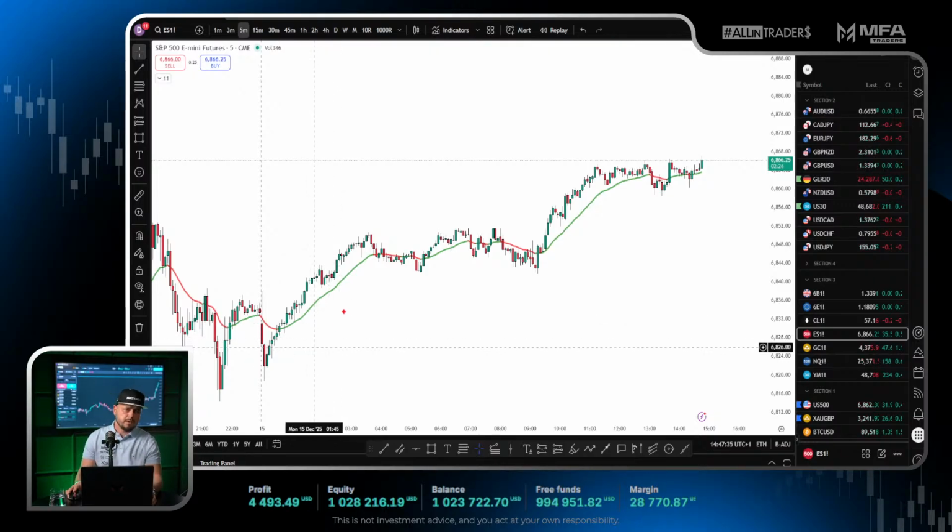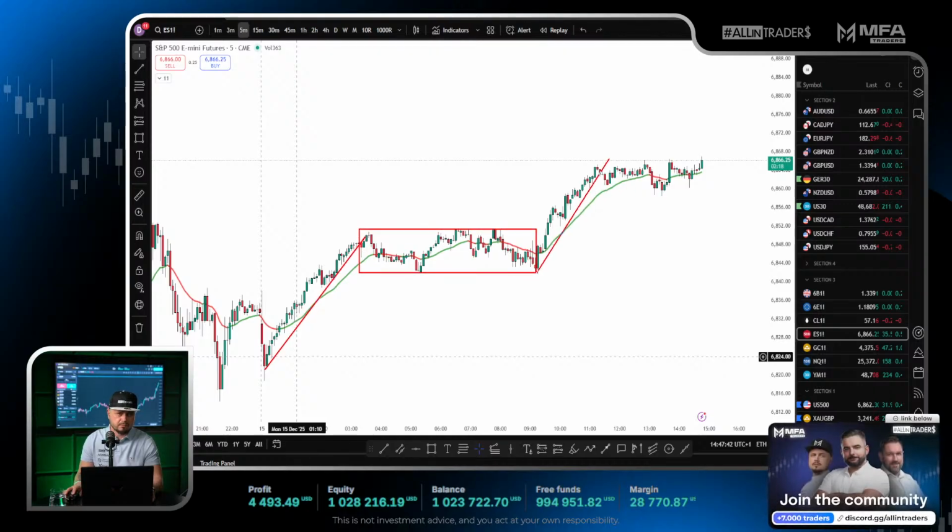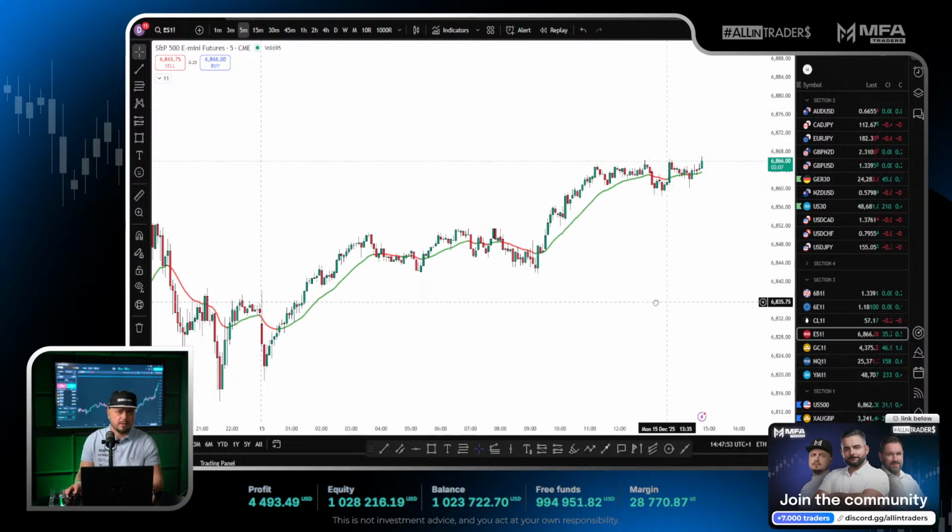First of all, we can see over here the price is moving up, so we are in a bullish trend. We had a strong move in the morning, then a range. Another strong move and we got some range. This is normal. We can expect another one later on.